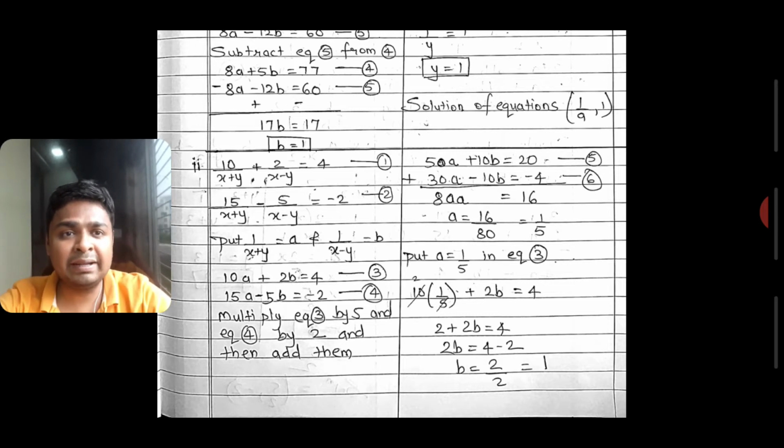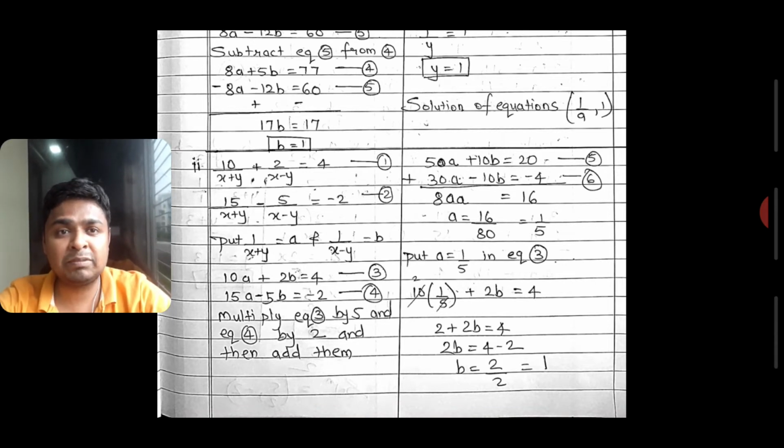Now we have to look at the coefficients. Coefficient of b we can make the same. So I can multiply the third equation by 5 and the fourth equation by 2. Now the choice, which coefficient you have to make the same, you can either make the coefficient of a the same or b the same. Now here I can see the coefficient of a is 10 and 15.